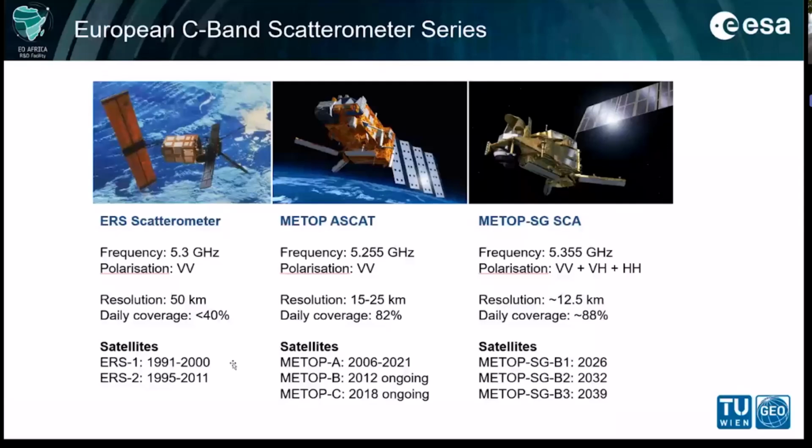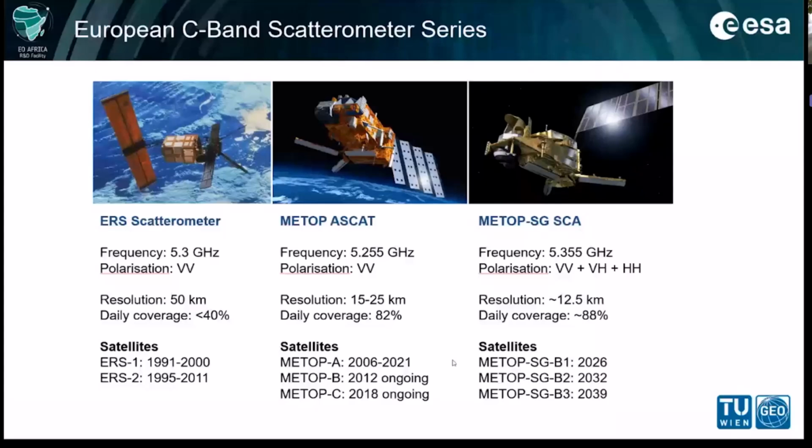ERS-2 was launched in 1995, and the data span up to 2011. Now with METOP, we already had 3 satellites. METOP A operated from 2006 to 2021. METOP B was launched in 2012 and still is ongoing, and METOP C was launched in 2018 and is also still ongoing.